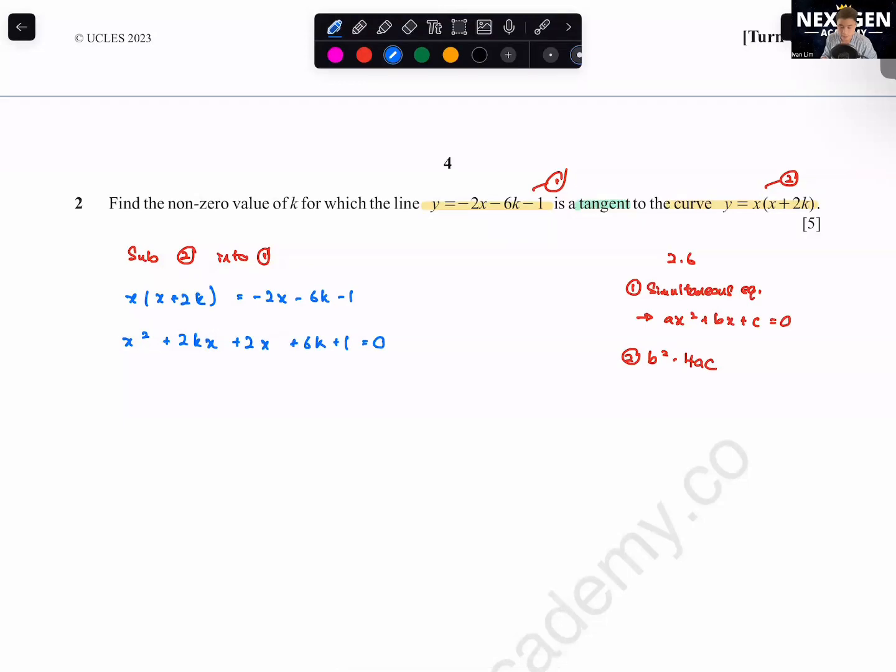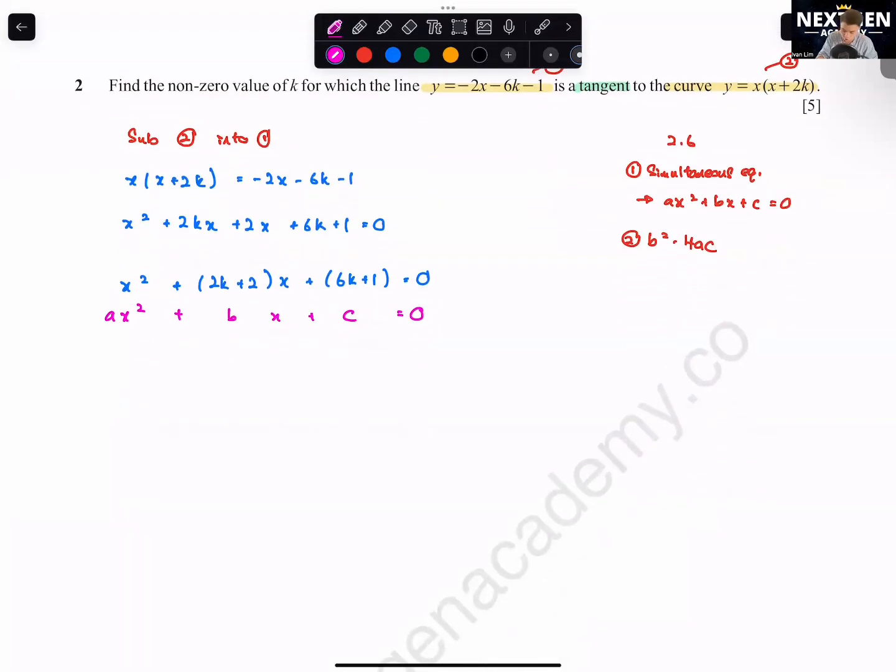I want to write it in the form ax squared plus bx plus c, so let's factorize the x out. x squared plus 2k plus 2 x plus. You can just put a bracket here so we can see what's the c value. So a, b, and c. This is your ax squared plus bx plus c equals 0. So step 1, we have achieved it.